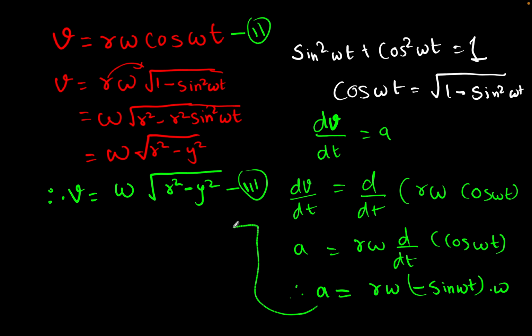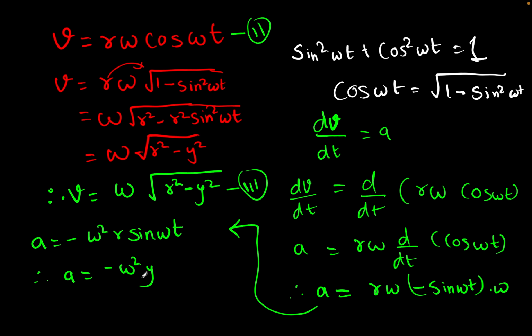Then a is equal to minus omega square r sin omega t, and we know r sin omega t is again our displacement, so therefore a is equal to minus omega square y. There you go. Those are all the 3 equations for displacement, velocity, and acceleration.